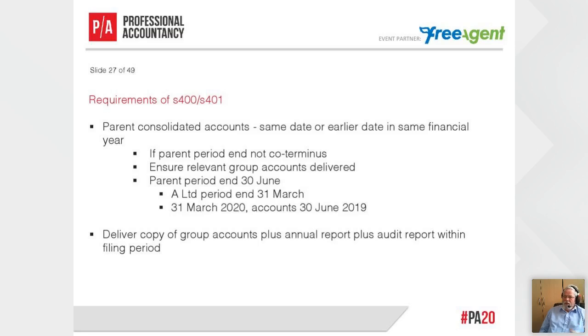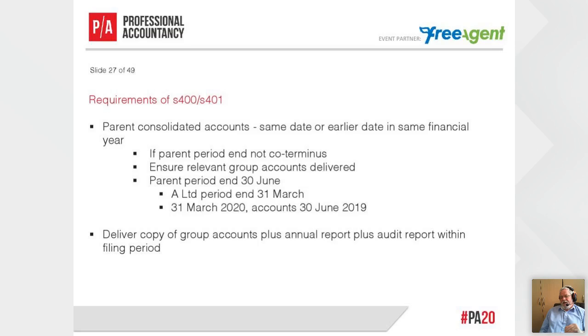So for example, if the period end is the 30th of June, but A's period end is the 31st of March, and let's just clarify this, there is no legal requirement that a subsidiary and a parent have to have the same period end. It's what I refer to as a preferred option under the Companies Act, because it uses the word should rather than must. So it's not an absolute requirement.